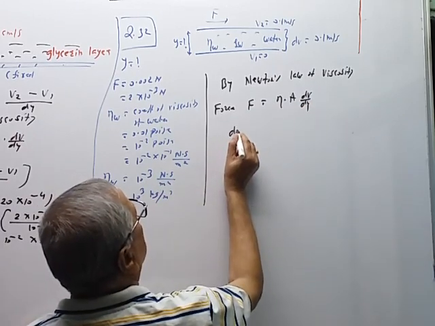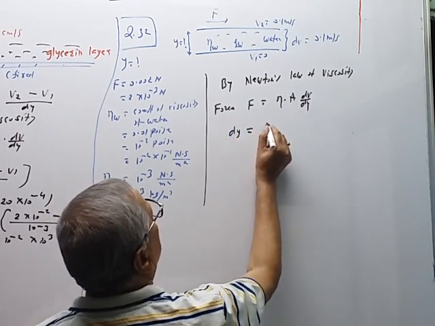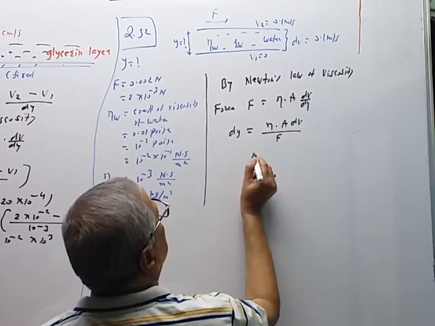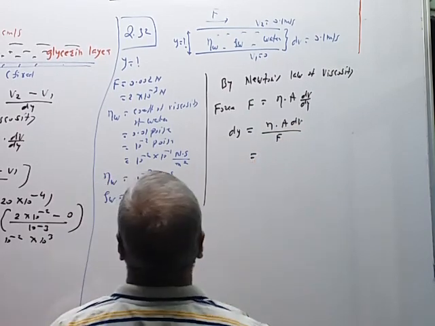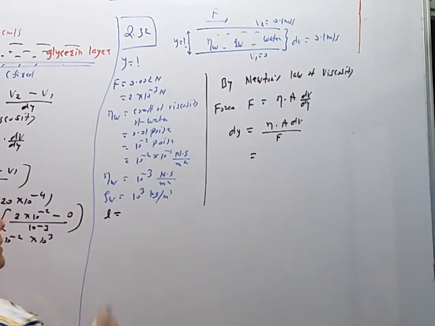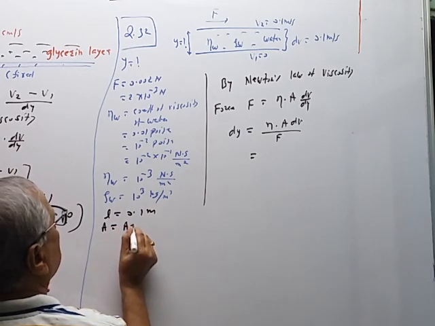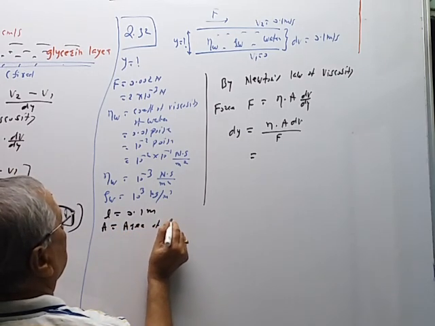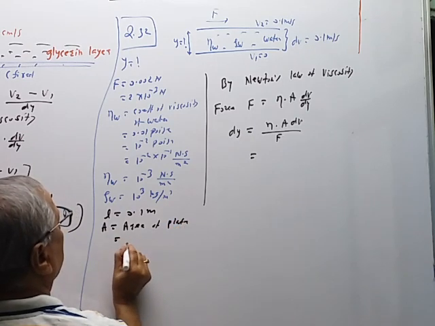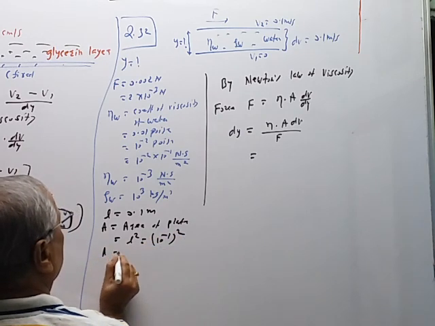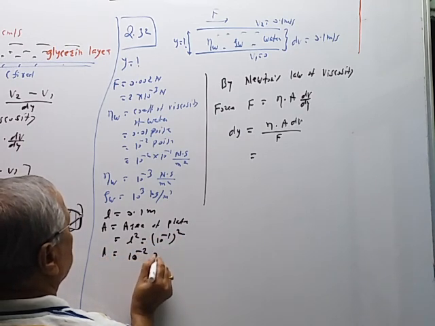Therefore, dy is equal to eta into A into dV upon F. Length of each side is given, equal to 0.1 meter. A, the area of the plate, is equal to L square, which is 10 raised to minus 1 square. So area is equal to 10 raised to minus 2 meter square.